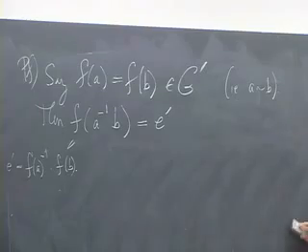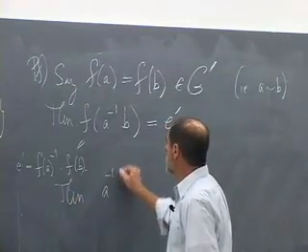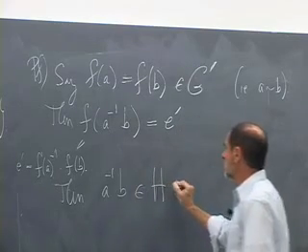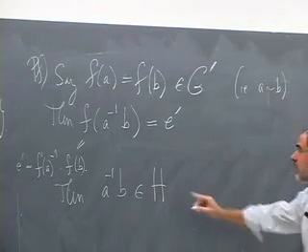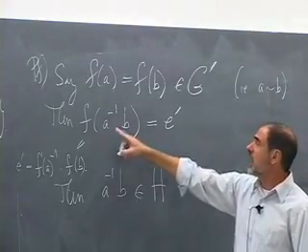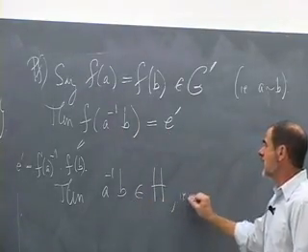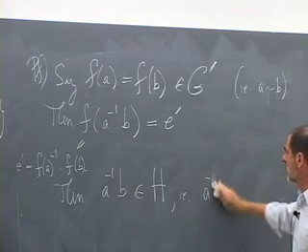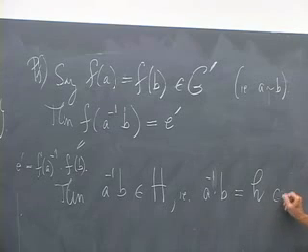Now that means a inverse b is an element in H. It's an element such that f takes it to the identity, so it's an element in the kernel, i.e., a inverse b is equal to some element h which lies in the kernel.